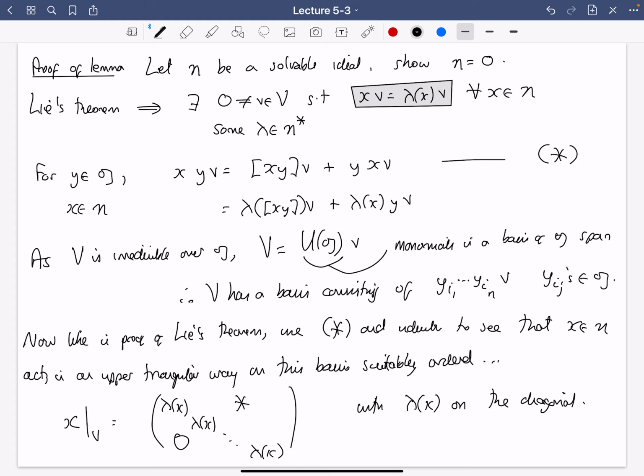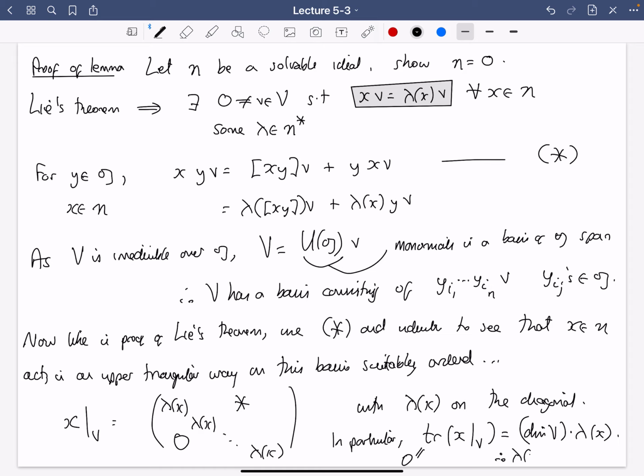In particular, the trace of x acting on V is going to be the dimension of V times lambda of x. But hang on, we were assuming we were inside SL(V), right? So this trace is 0 by assumption, and we're in characteristic 0.